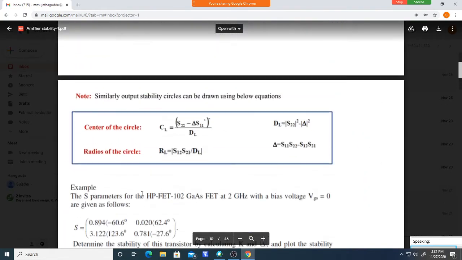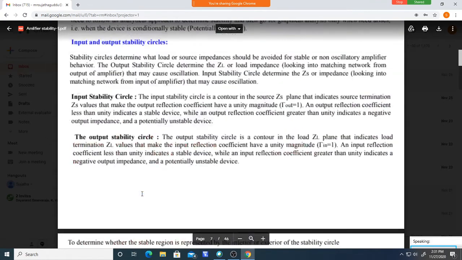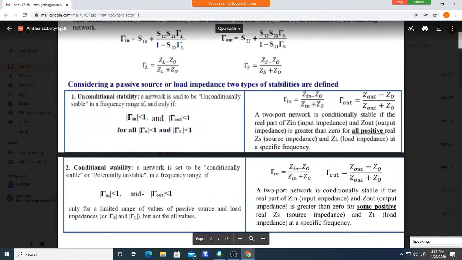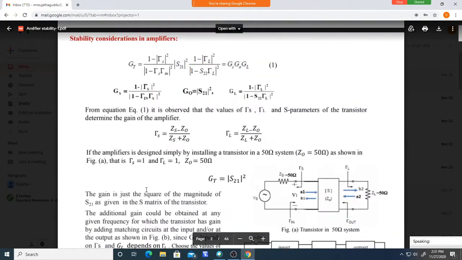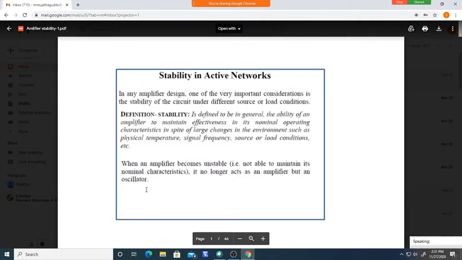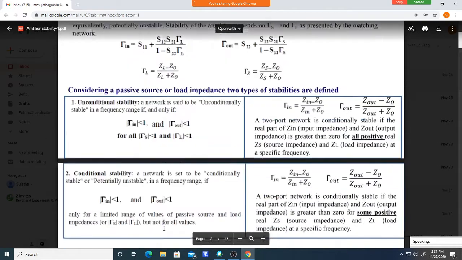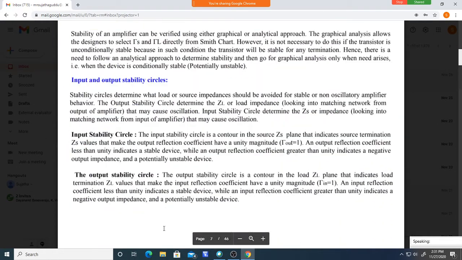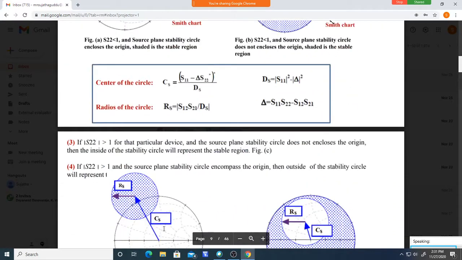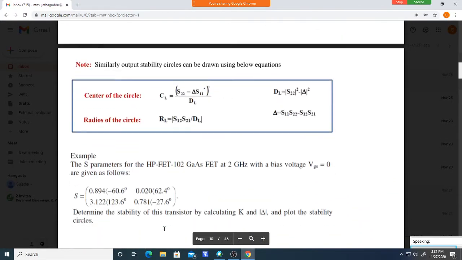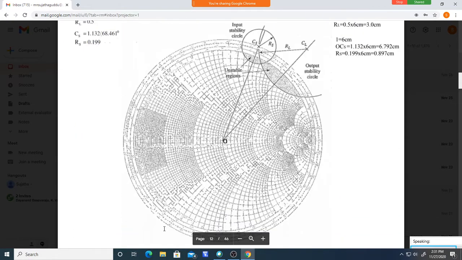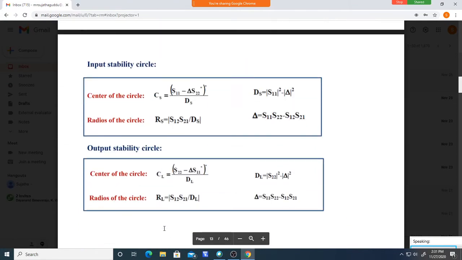These are the equations for normalized gain. This is the required value of gain divided by the maximum value of gain. That is the GS that I have done in the previous topic.